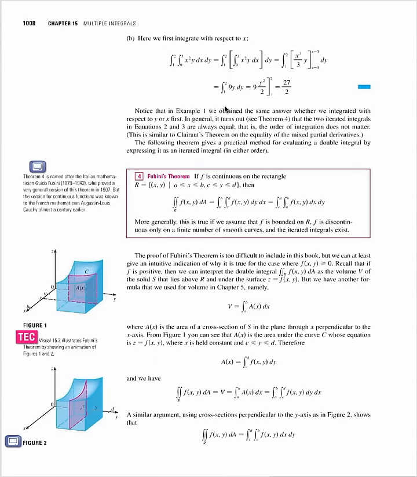Now, after example 1, your book goes into a discussion of what's called Fubini's theorem. To a certain extent, Fubini's theorem is what relates double integrals, on the left here, to iterated integrals, things that we can actually compute.